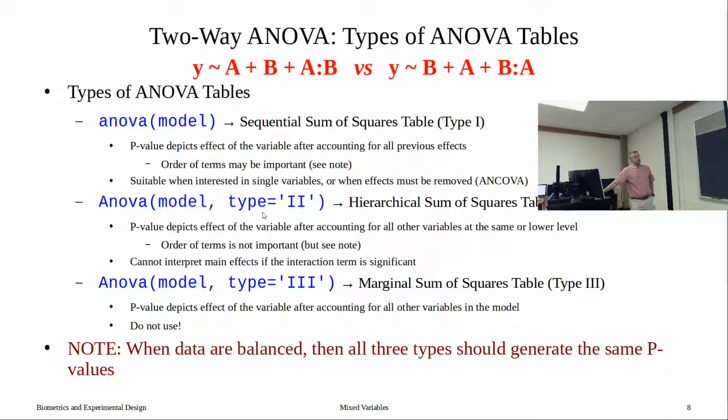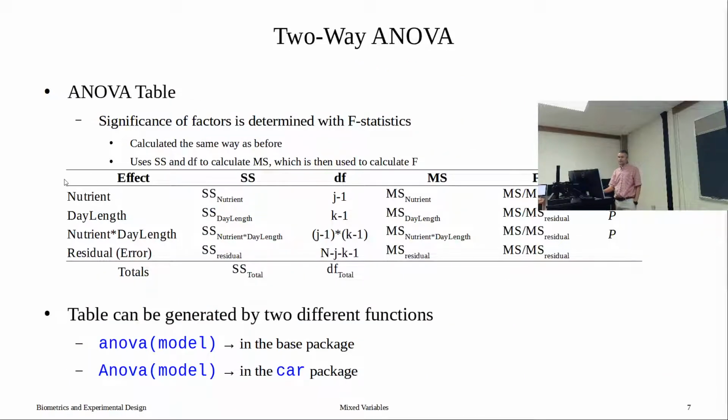The type 2 table, the hierarchical sums of squares table, is the default option for this capital ANOVA. So you don't really have to do anything, it's the default. What it's going to do is calculate the p-value of our variable after accounting for all other terms of the model. So I'm going to go back to here.